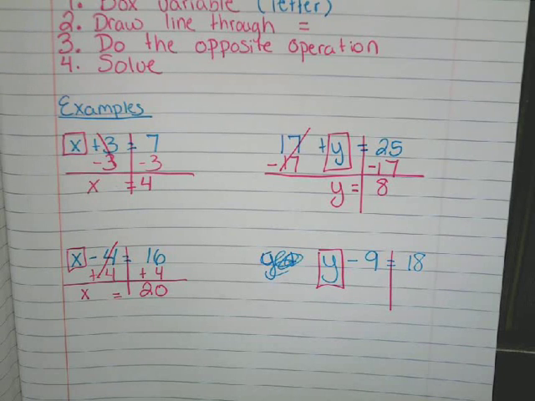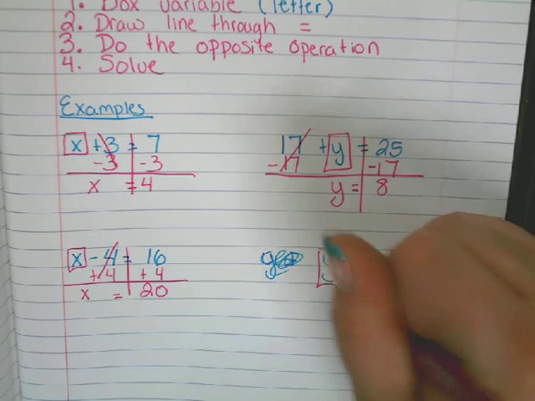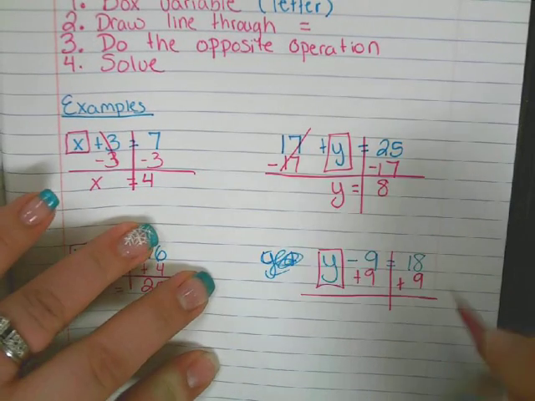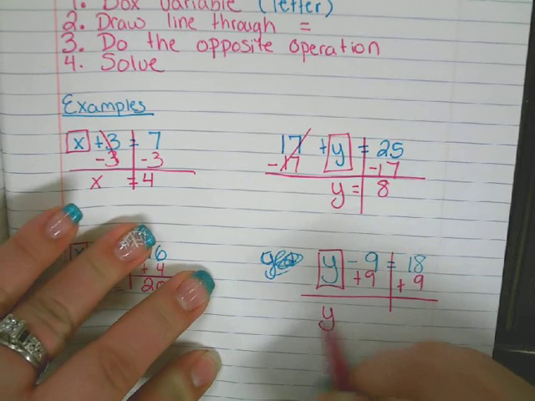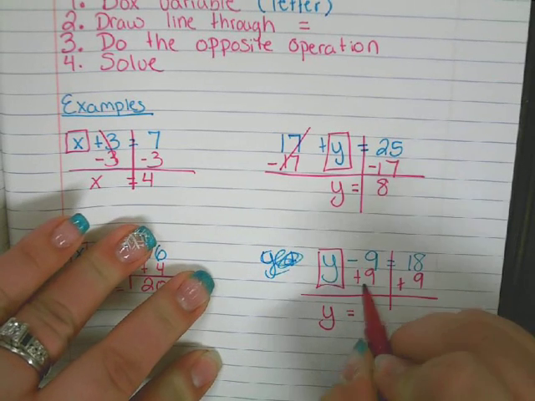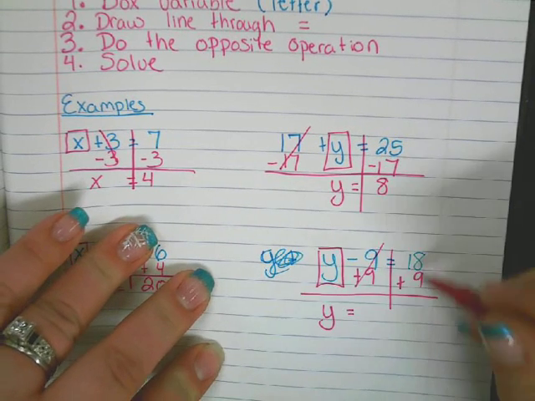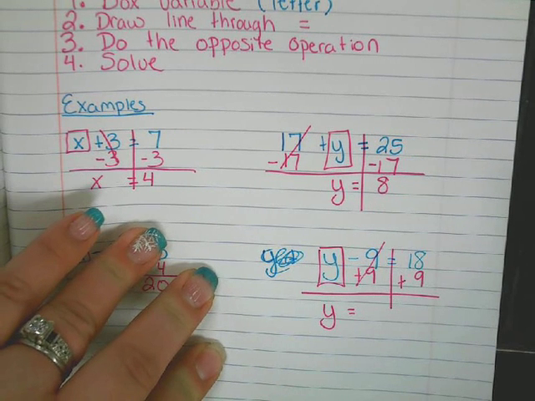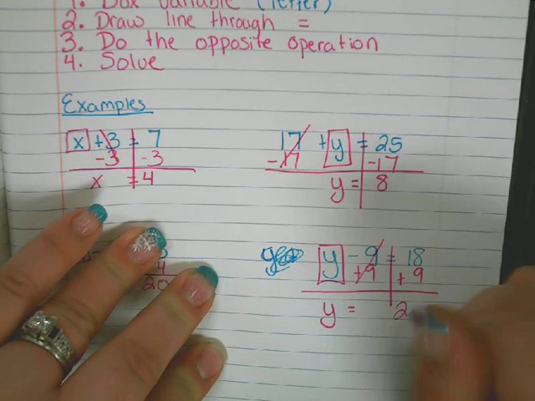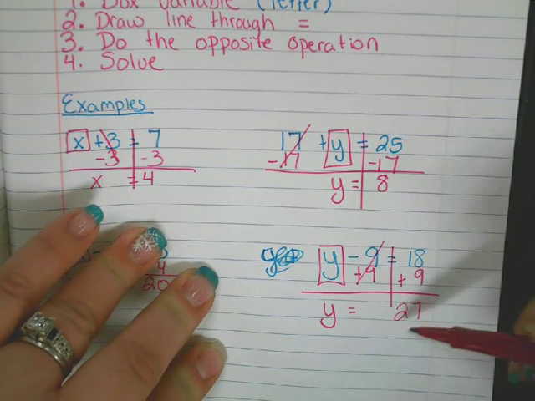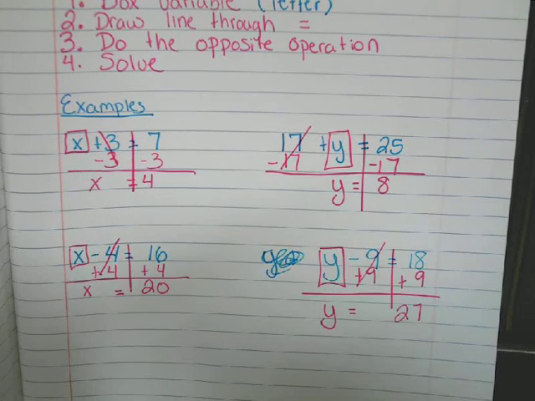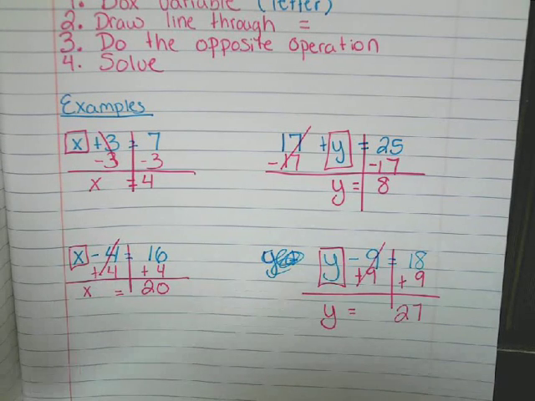Plus 9, good. So my y did not change, so bringing that down. Negative 9 plus 9 cancels out. So 18 plus 9 equals 27. Then we can check. 27 minus 9, does that give me 18? Yes. Alright, any questions on one-step adding and subtracting equations?